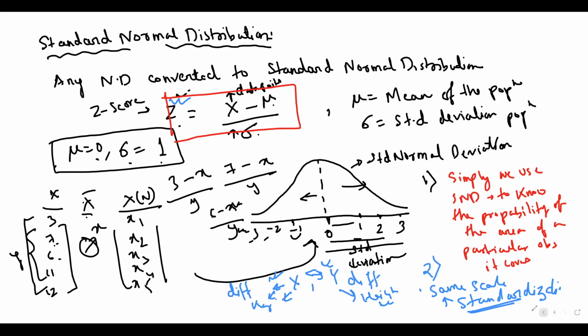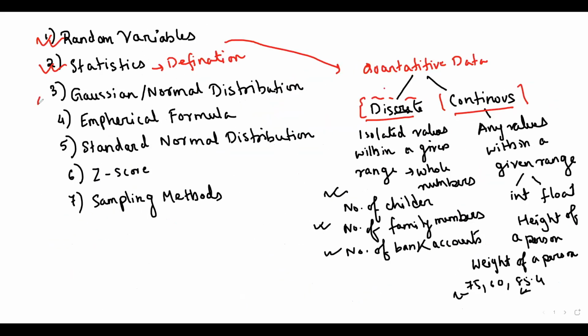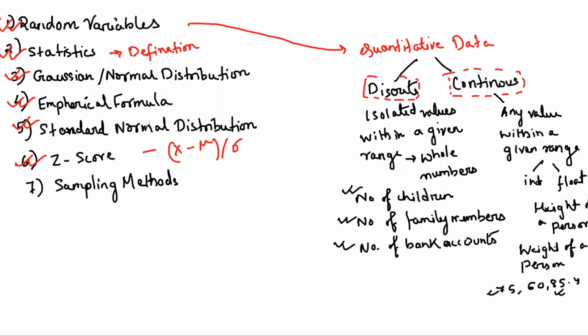So now we have discussed statistics, we discussed Gaussian distribution, we discussed the empirical formula, we discussed standard normal distribution, and we also have a little idea what the Z-score is, right? The Z-score is given by this formula. With this, I will close this session and I will cover this too in the next tutorial.